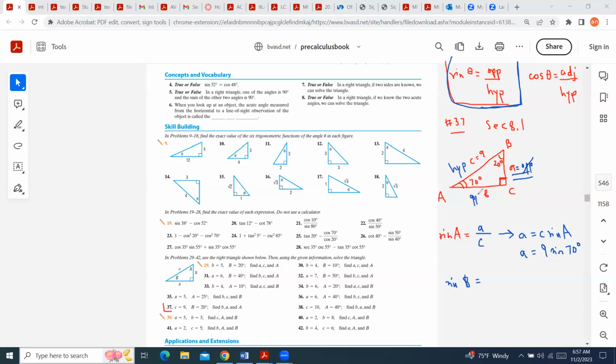So I'm going to divide B over hypotenuse, which is still C. So I can pull out B and just multiply C by sine of B. Notice it's the same exact process, but numbers and letters are a little different, but it's still opposite and hypotenuse. So again, C is 9, and now angle B is measured 20 degrees.